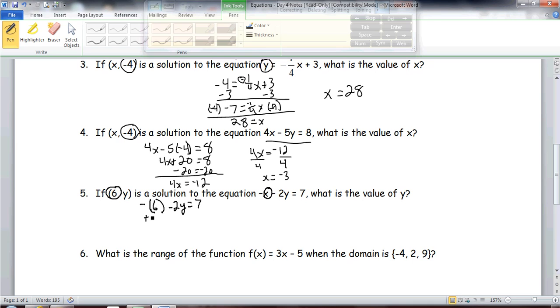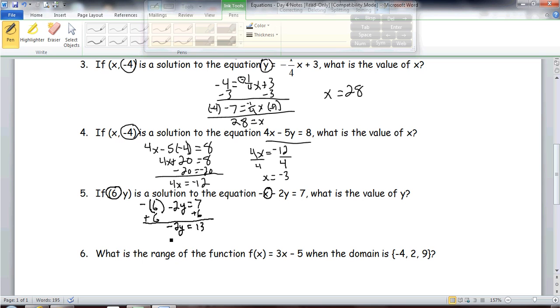So I would add 6 to both sides. Is that right? Negative 6, yes. Then I end up with negative 2y equals 13. Doesn't look like this comes out very evenly.